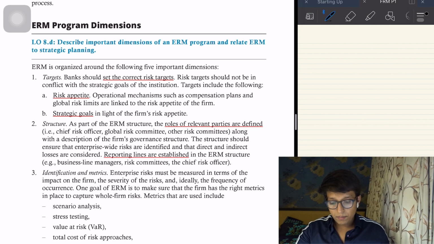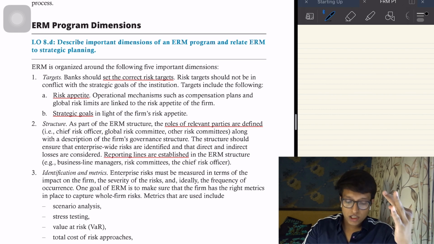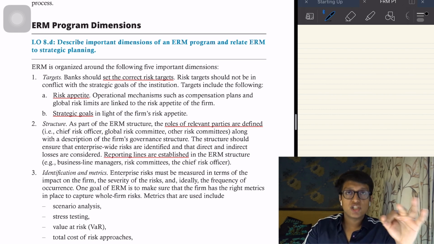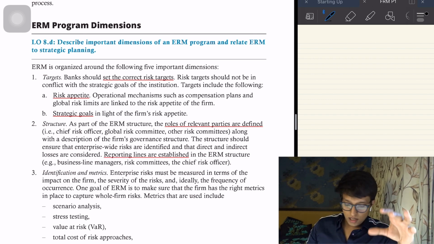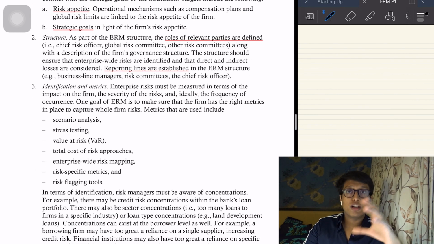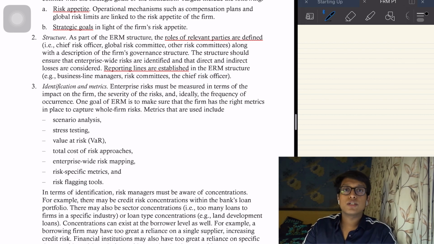ERM program dimensions. So set the correct risk targets, risk appetite, strategic goals. You develop a structure, you give roles to different people, you establish a hierarchy, and then there are different metrics. How do you calculate those metrics? For example, VaR. All divisions will calculate VaR in the same format.